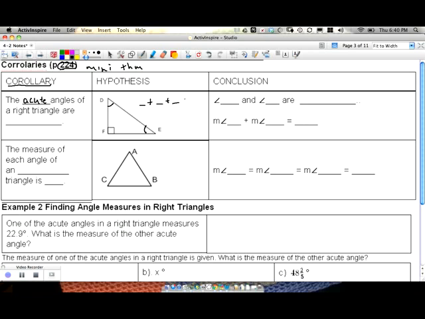And if I know in a right triangle that one of those is going to be 90, then I subtract 90, subtract 90. Then those two leftover pieces, the acute ones, are always going to add up to 90 because the third one has to be that right angle. This piece here that's 90 degrees. So that means the acute angles of a right triangle are complementary.